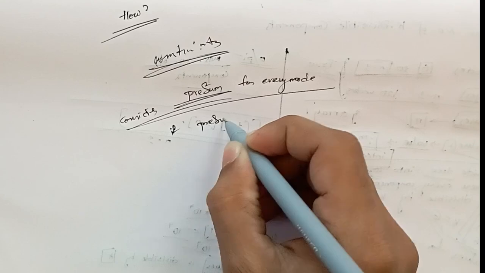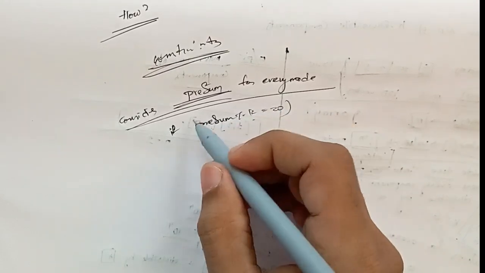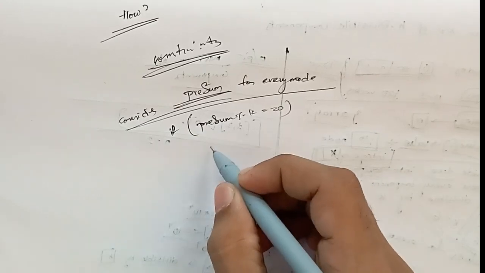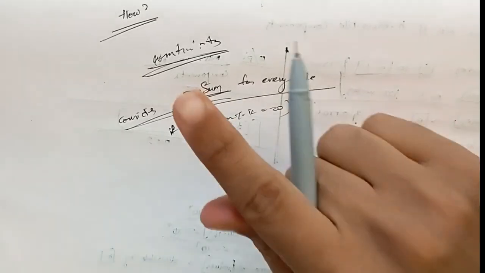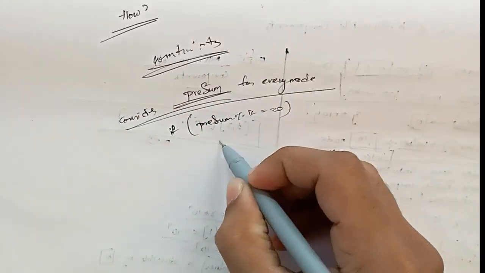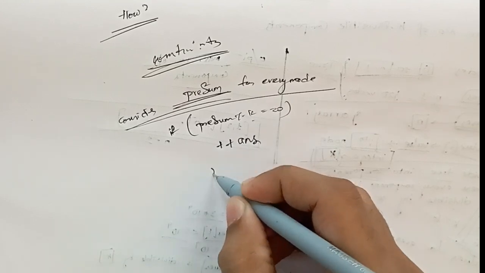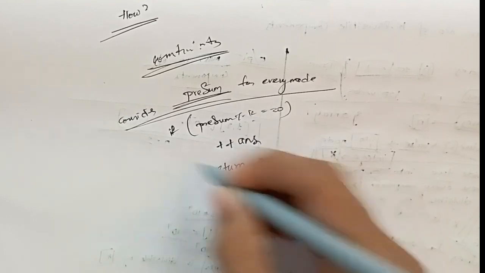If the prefix sum is divisible by k, then the number of components, they only asked us about the components, then increment our answer and we'll be returning 0 as the prefix sum.